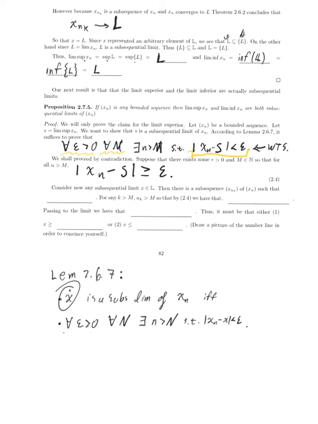So let's consider any subsequential limit, x in the set blackboard bold L. Then there is a subsequence x sub n sub k of x sub n such that x sub n sub k converges to x.